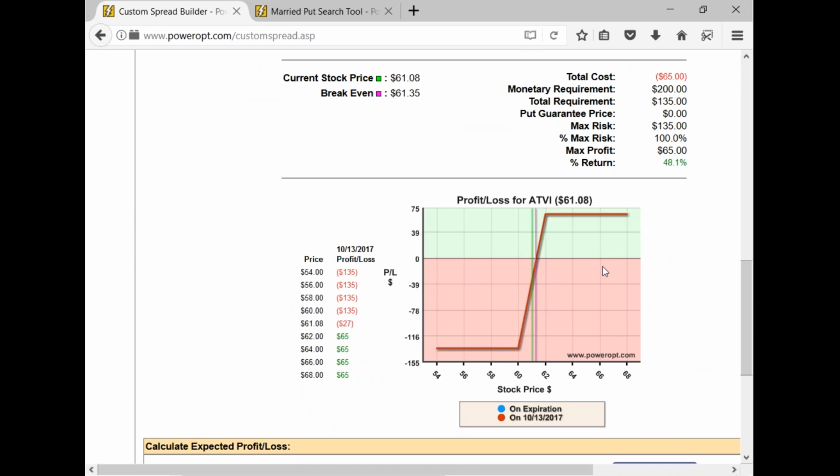As I'm getting closer to expiration, what are my choices? Well, I have to do some management. So today I would have decided, am I going to buy to close the put and take the loss? Am I going to buy to close this, maybe let the 60 put expire worthless, and then roll it out to roll down the whole spread?